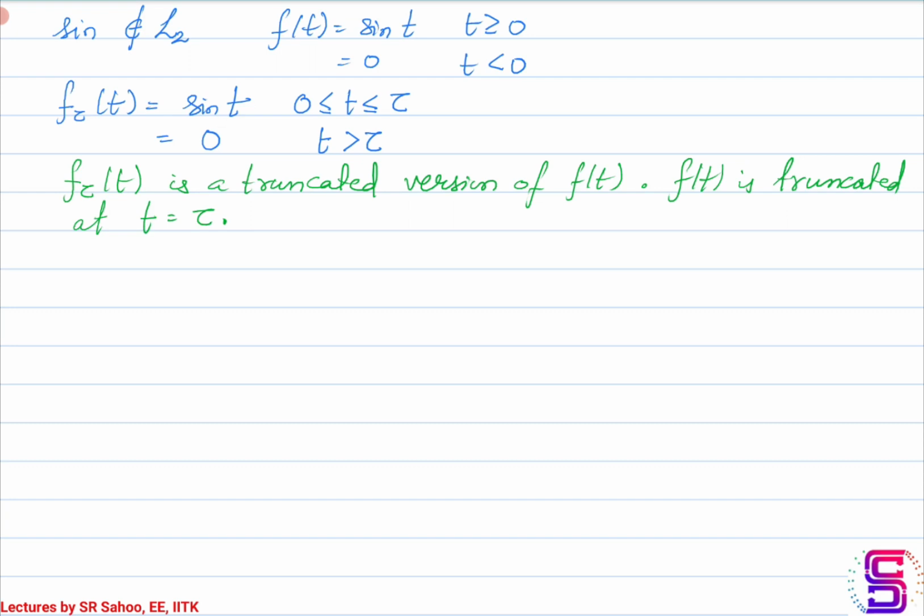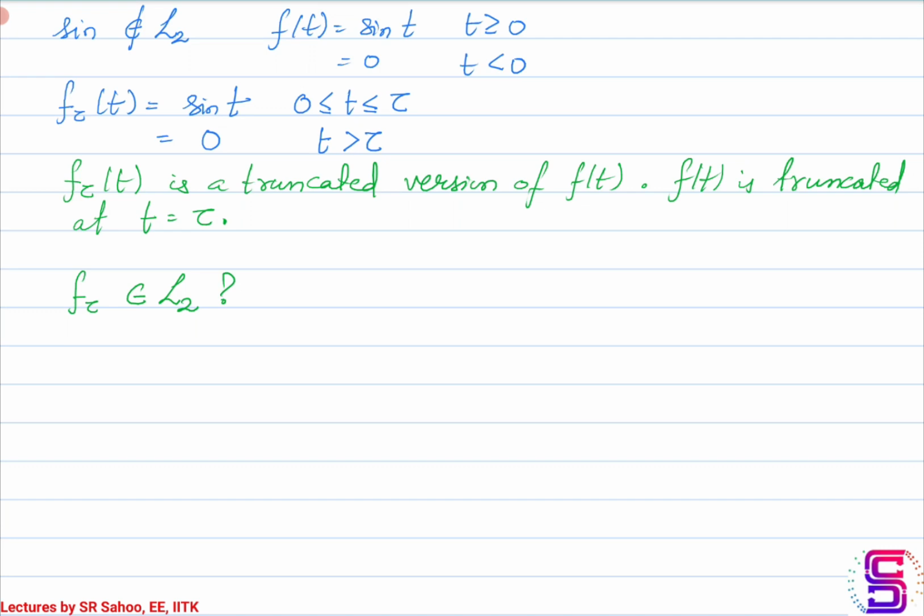Now f does not belong to L2. That is what we have seen. The question is, will f tau belong to L2? This is a question that we want to answer.